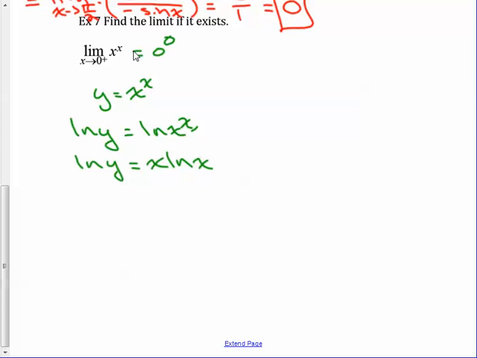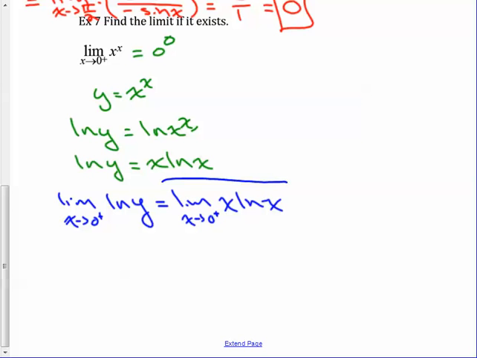Now if we were to apply this limit to both sides, this we've already solved. That was a few examples ago, and it was equal to 0.